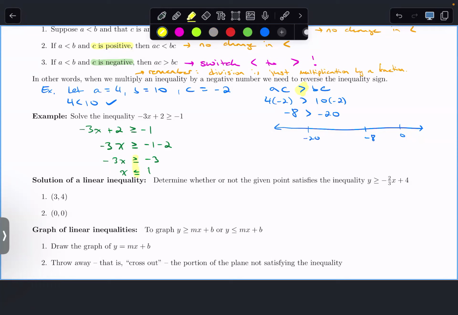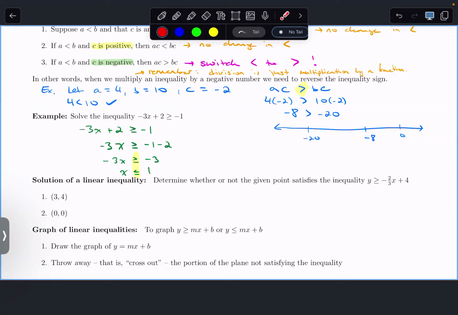And I want to highlight that switcheroo there. So now the result is that x must be less than or equal to 1, which you can check. You can pick a value less than or equal to 1 and plug it in. I'd probably not choose 1 just because it's going to be on the cusp, but let's do something less than 1.